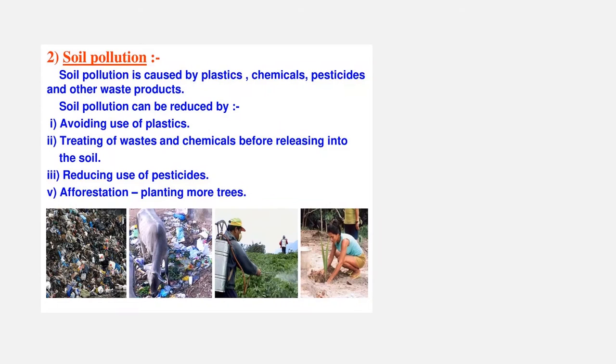Soil pollution is caused by plastics, chemicals, pesticides and other waste products. Soil pollution can be reduced by avoiding use of plastics, treating waste and chemicals before releasing them into the soil, reducing use of pesticides, and afforestation, planting more trees.